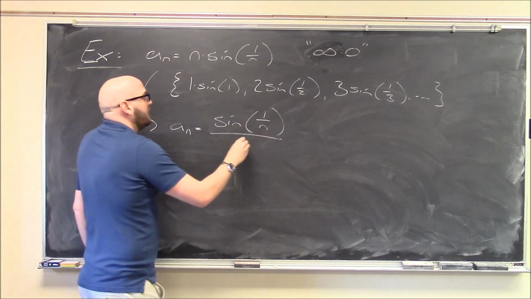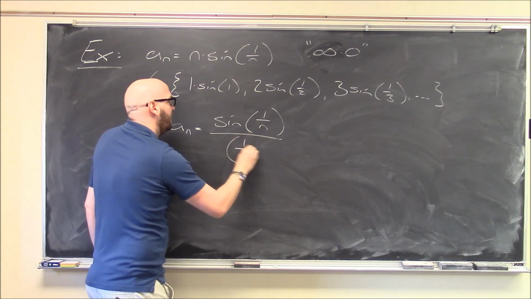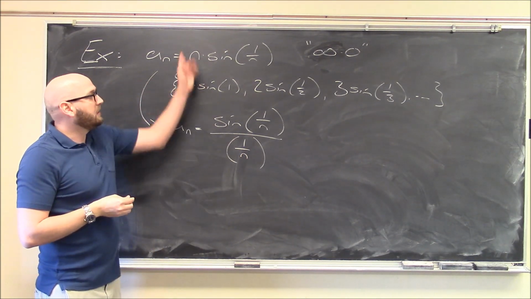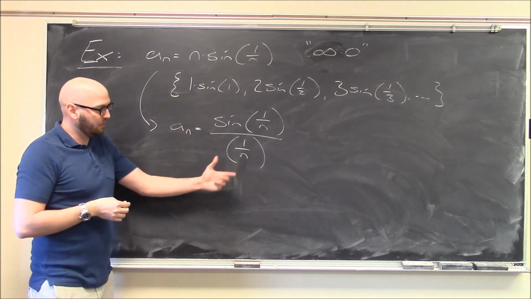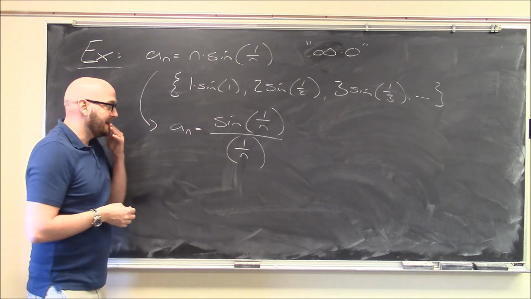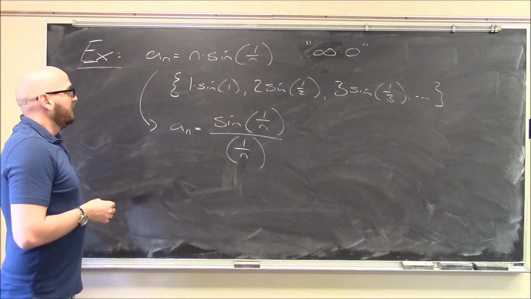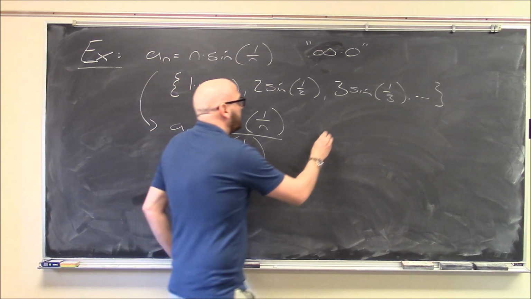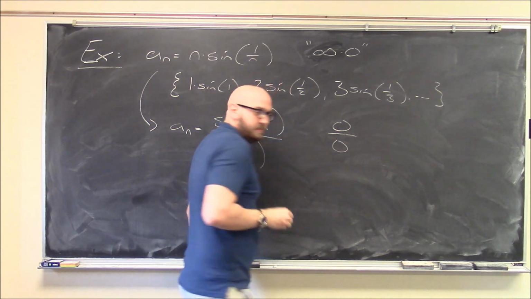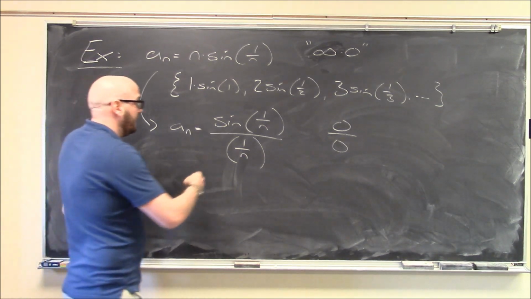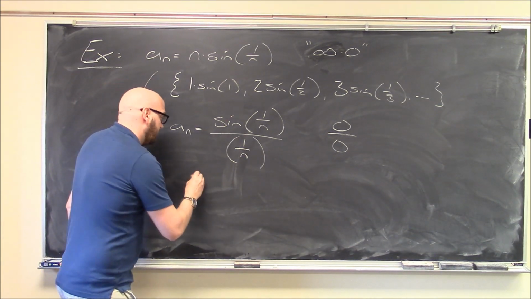I'll write this as sine of 1 over n over 1 over n. It's the exact same function, just written algebraically in a different way, because if I wanted to carry out this division, I would just flip it and multiply. And the reason we did this is because now this is type 0 over 0. So I can use L'Hopital's, which says my limit is going to be the ratio of derivatives instead.